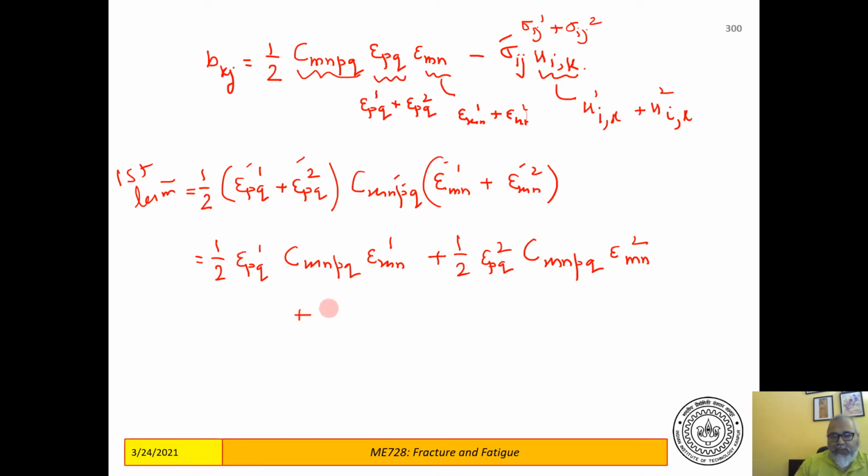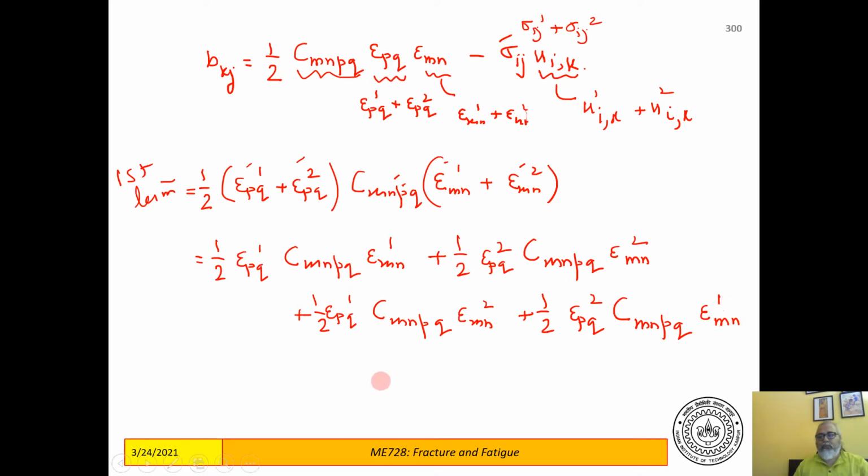So you will have half epsilon_pq1 C_mnpq times epsilon_mn2, and then you will have half epsilon_pq2 C_mnpq times epsilon_mn1. Similarly, when you do it for the second term, you will get a similar set of terms.